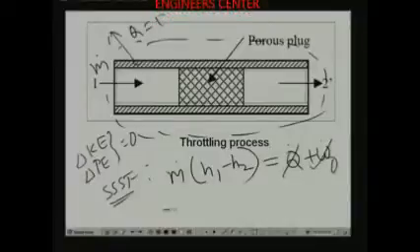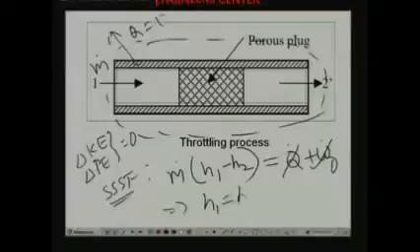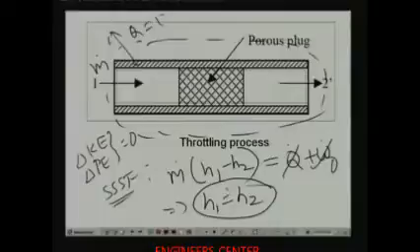So this implies that H1 should be equal to H2. That means the expansion using a restriction such as a porous plug or a valve leads to an isenthalpic process. The enthalpy of the liquid remains constant. Of course, you must keep the assumptions in your mind. Under these assumptions, the enthalpy of the liquid remains constant.